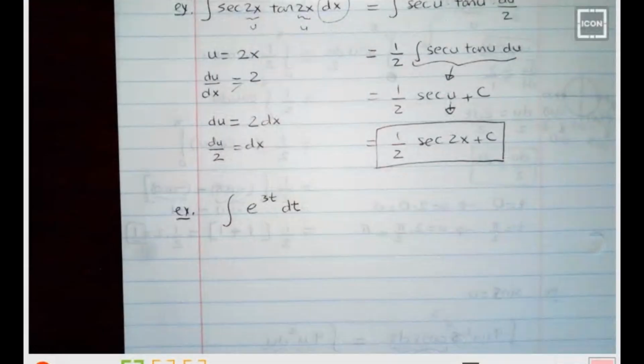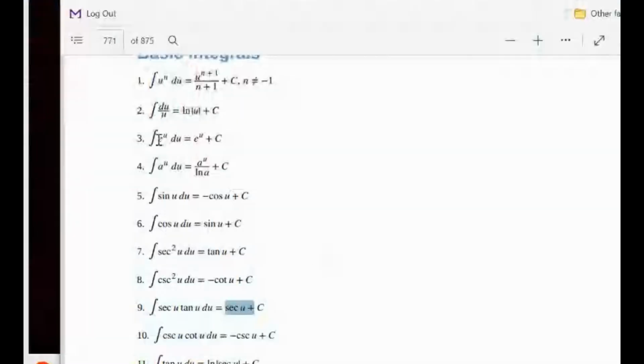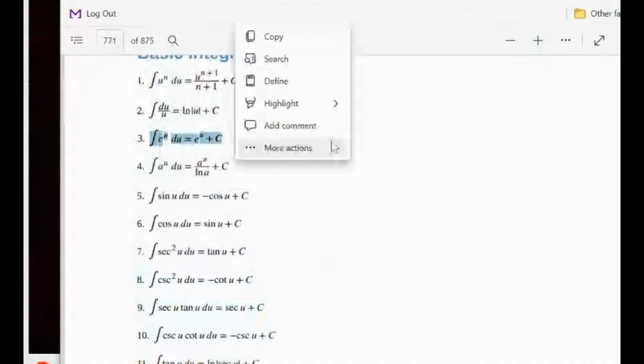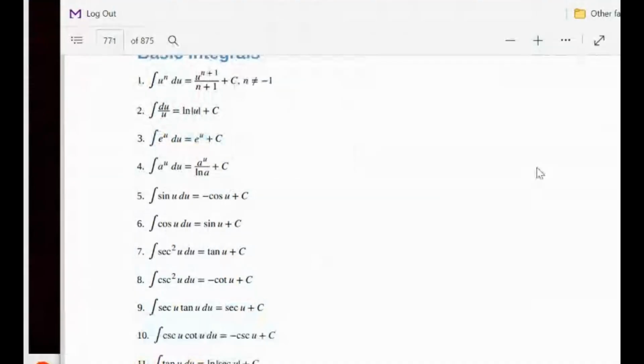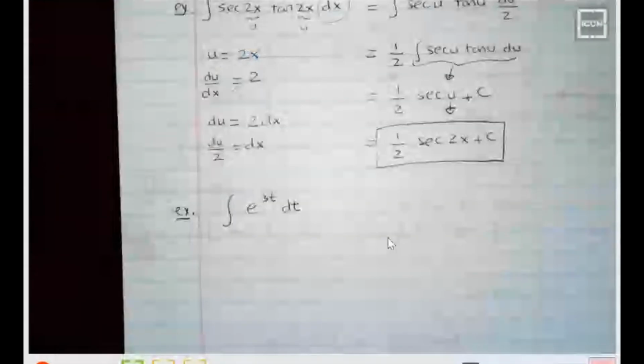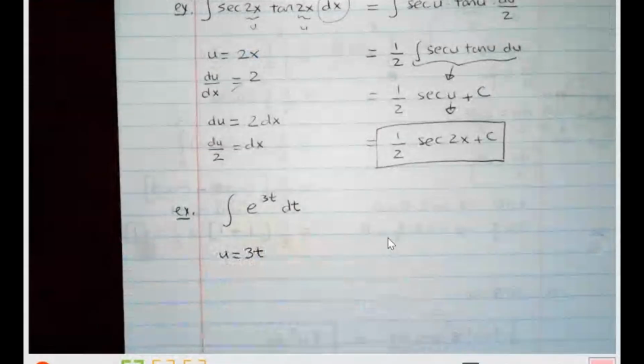How should we find this integral? You can check out the table of integrals and you will see, in fact, it is the third integral here. Whenever you have e to the u du, its integral is itself, e to the u plus c. But in this case, we have e to the 3t. We should call this exponent 3t as u.